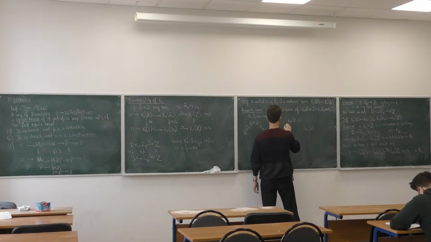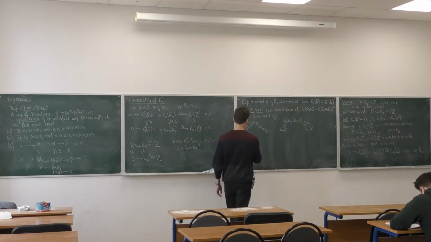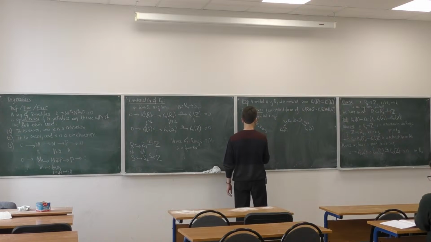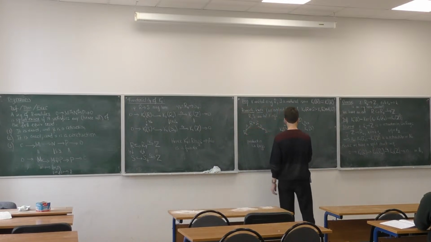This is P1 star, and this is P2 star. So this diagram is a product diagram in the category of unital rings. I claim that this diagram is a product diagram in the category of abelian groups.